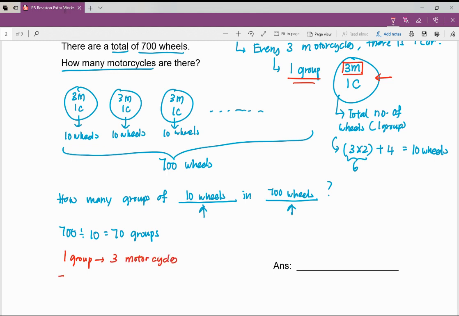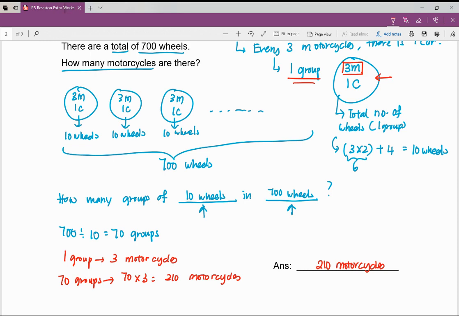So that means in 70 groups, there will be 70 times 3, 210 motorcycles. Okay, that's it. 210 motorcycles. Alright, hope this is clear enough for you.